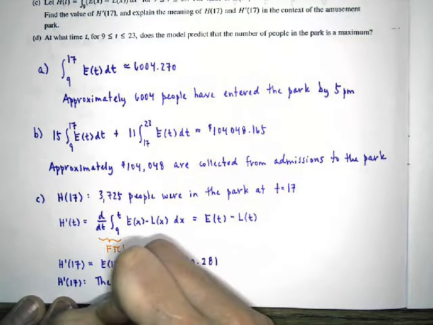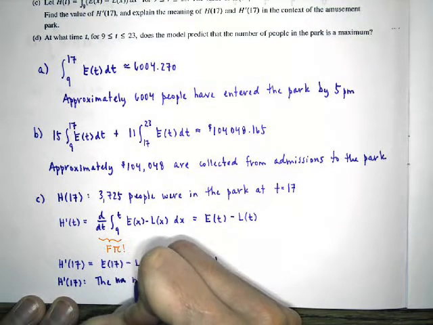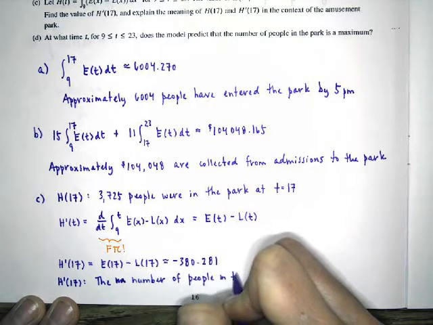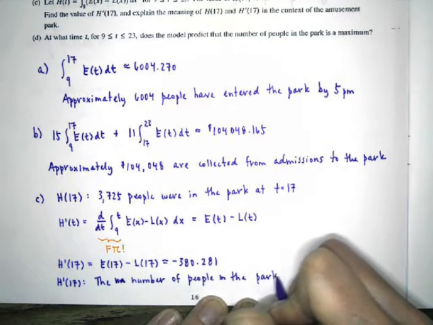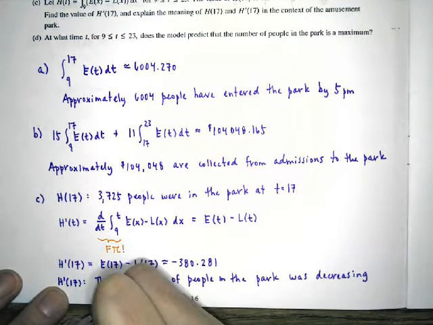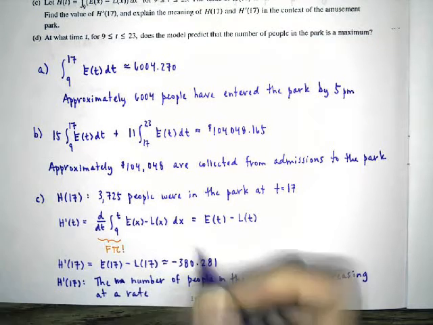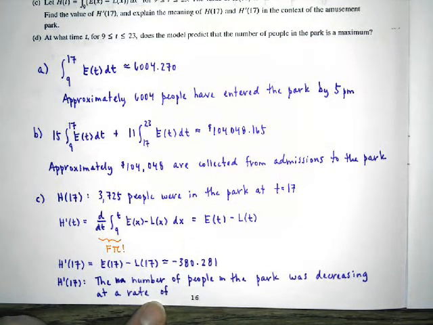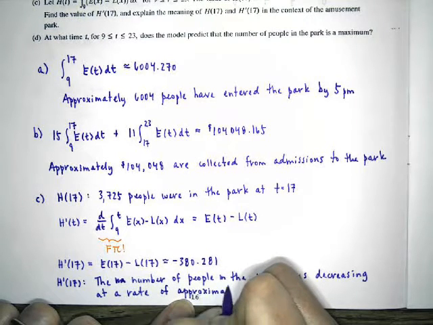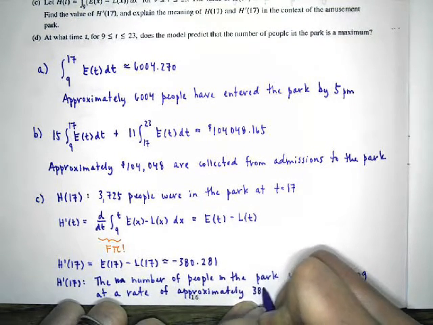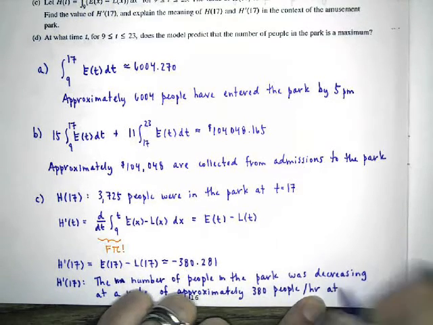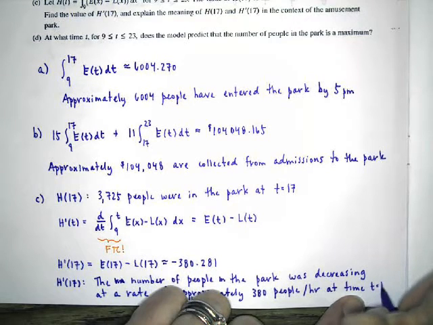So the number of people in the park was decreasing at a rate of approximately 380 people per hour at time t equals 17.